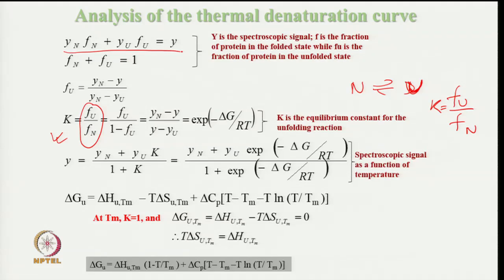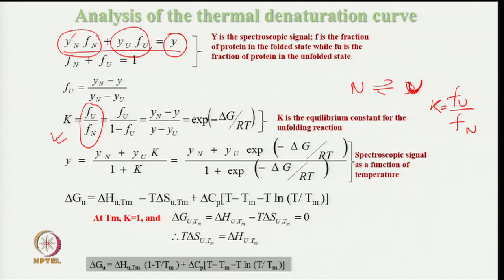Now, think of it this way: if there are only two species, the fluorescence intensity, which I am representing here by y, can come from either the native form or the unfolded form. This gives you the contribution of the native form to the overall fluorescence intensity, and this gives you the contribution of the unfolded form to the overall intensity.